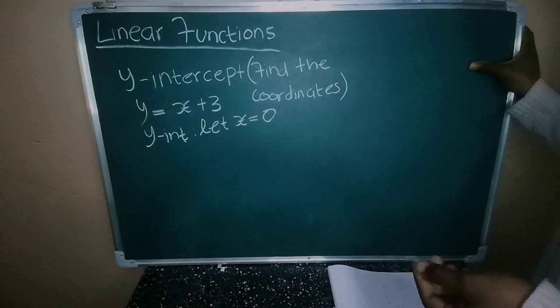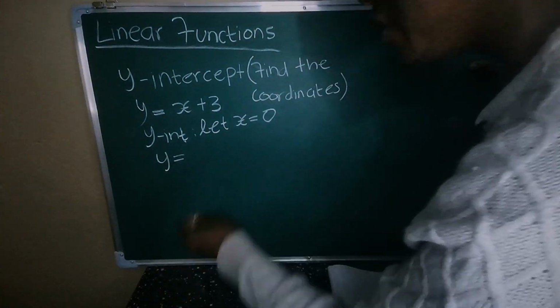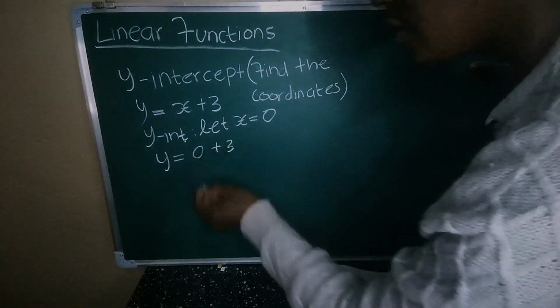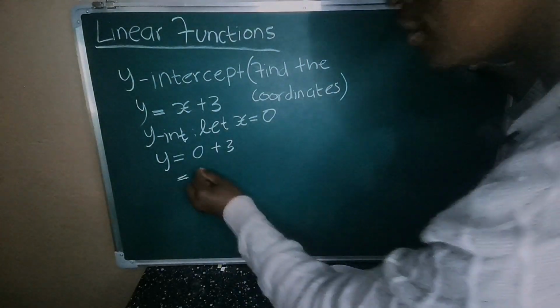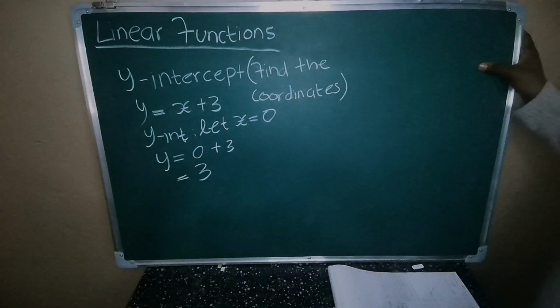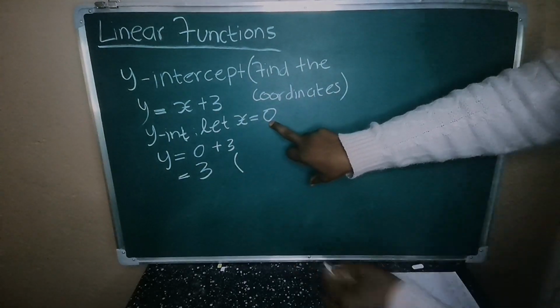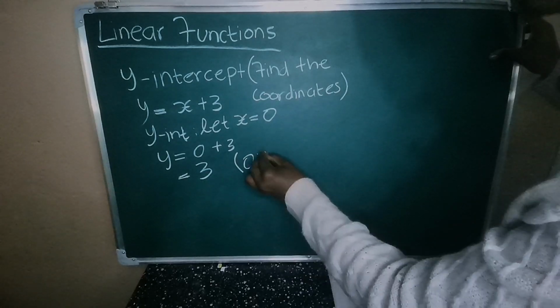Therefore y equals, where you see x, we put in 0 there, 0 plus 3, then our value will be equal to 3. Therefore the coordinates are going to be 0 for x and then 3 for y.